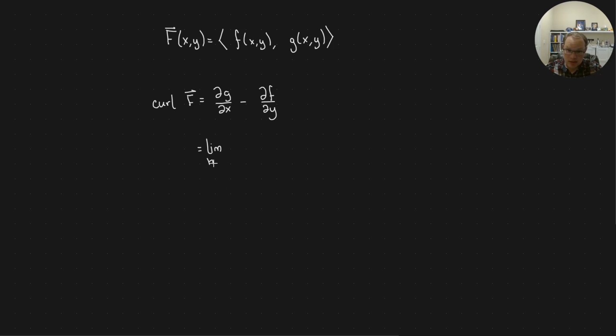So limit as h goes to 0 of, so partial derivative of g with respect to x, we'll let x change. We'll hold y fixed. So our numerator is the change in g over the change in x. And then partial derivative of f with respect to y. Here we hold x fixed, we let y change.